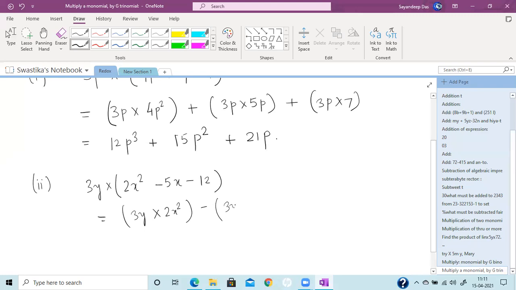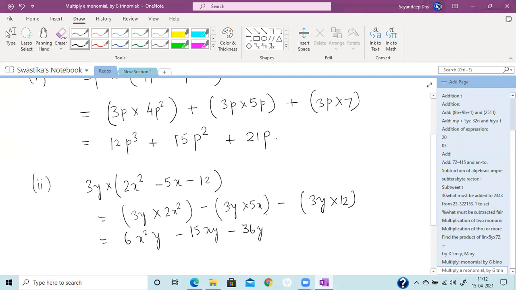So you write 3y into 5x. Then again 3 is plus, 12 is minus, so plus into minus, the minus sign will come. So 3y into 12. So what will be your answer? 3 2s are 6, x square into y, minus 15x into y, minus 36y. 3 12s are 36y.